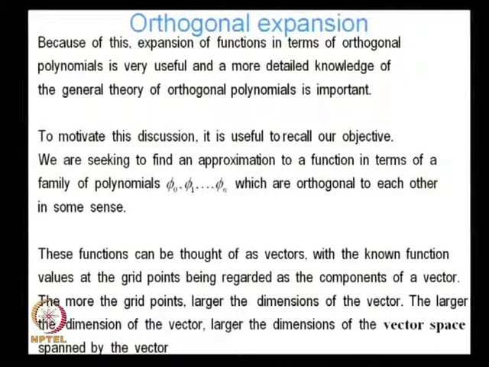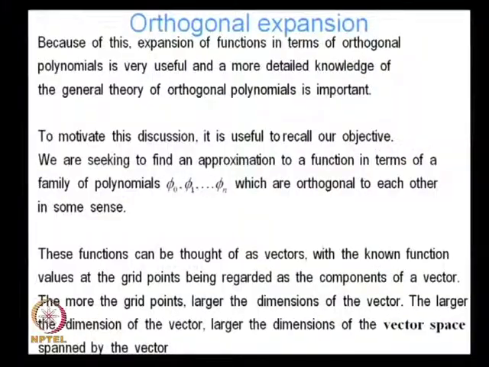If we think of these functions as vectors, just as a mental exercise, and if I think of the known function values at the grid points as a vector, the more the grid points, the larger the dimension of the vector. That is clear.